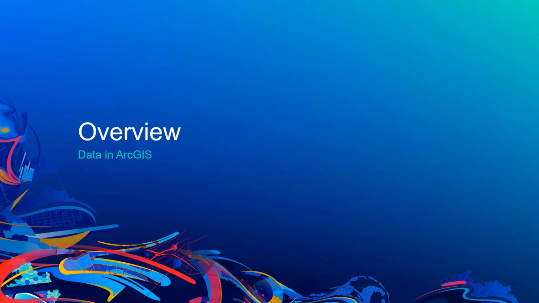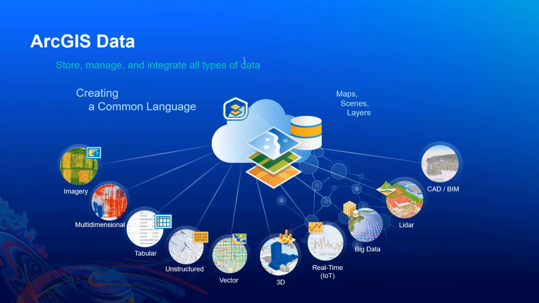So let's start by going through an overview of data in ArcGIS. And just as a reminder, ArcGIS supports all different types of data. There's imagery, multidimensional, tabular, unstructured, vector-based content, even 3D content and layers.